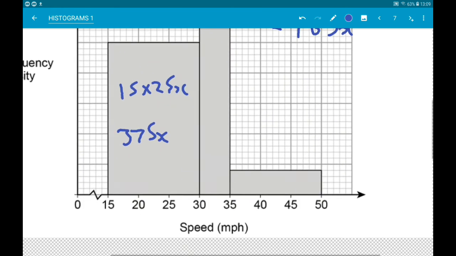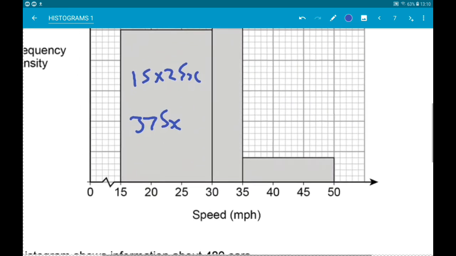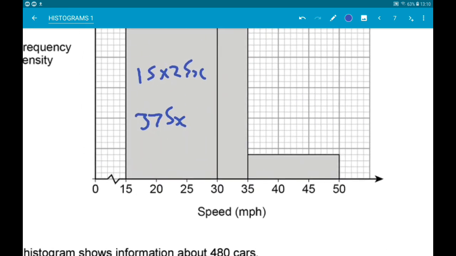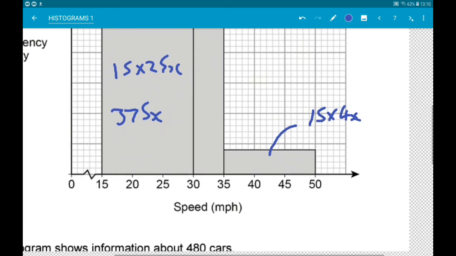And then in the final bar, the density is 4x and the width is 15. So 15 times 4x is 60x.